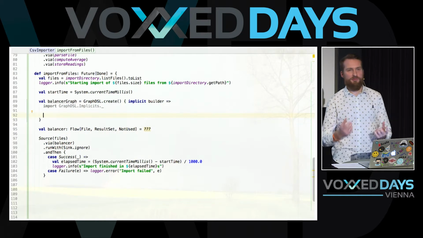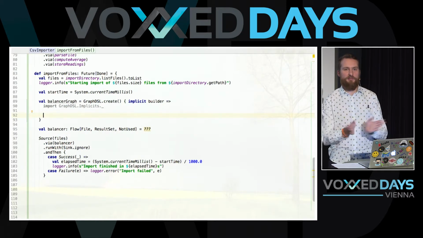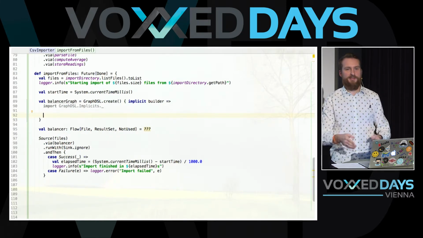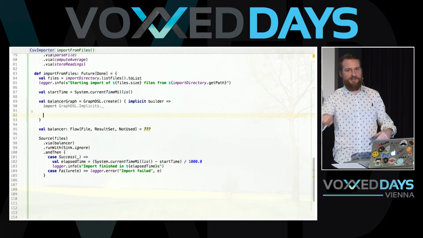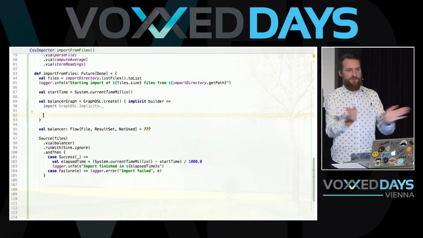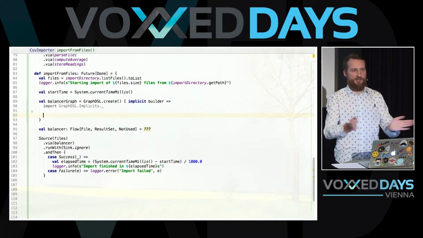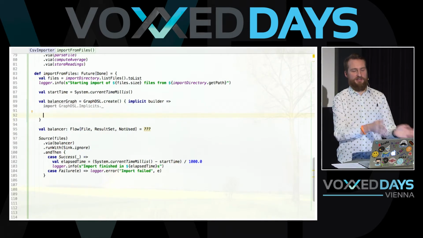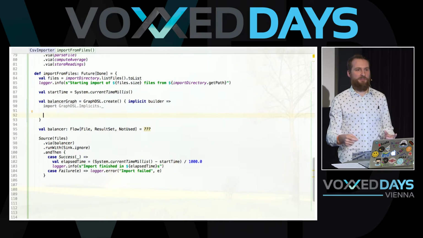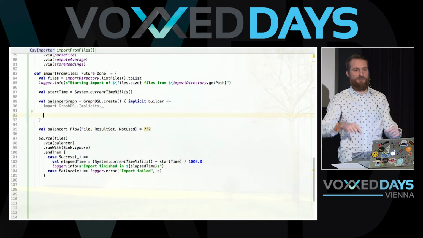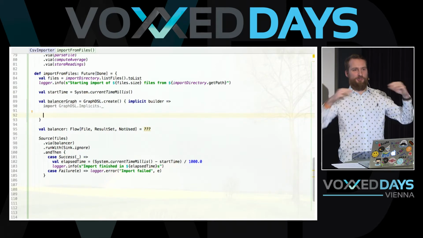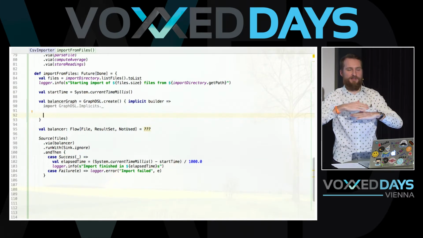And now, as I said, we want two steps. First of all, we want the balancing step that would just take a file and choose a worker that is available, and then send the file to the worker. And then after we do the balancing, we have split our pipeline into a number of sub-pipelines. After they are done, we want to merge them back. So we have a single input and a single output, but we have multiple pipelines in the middle.